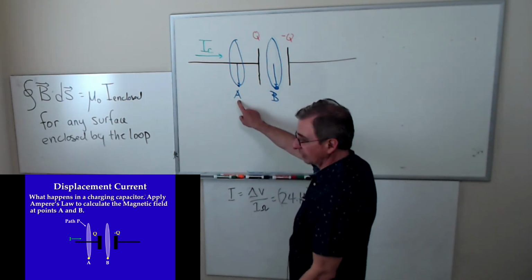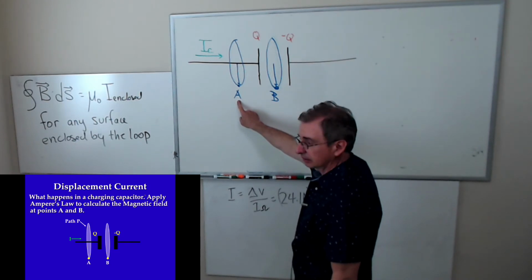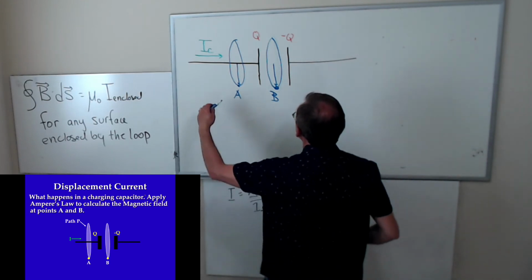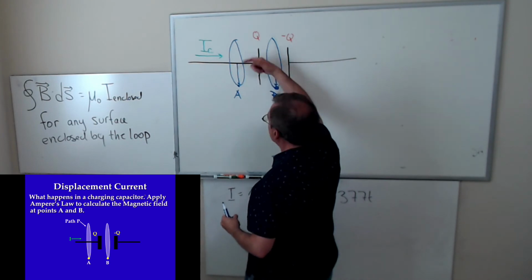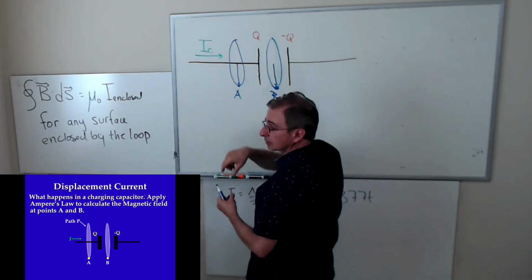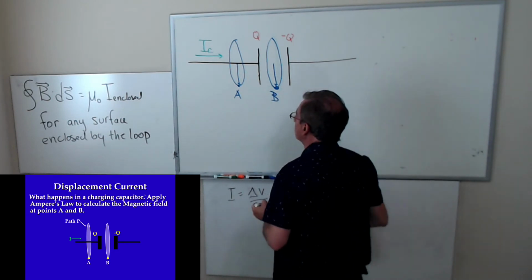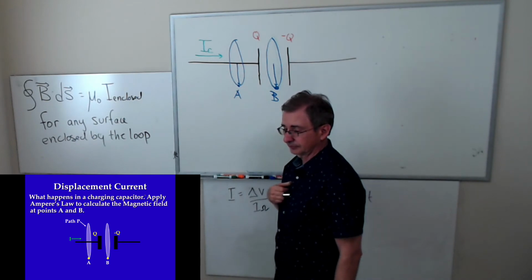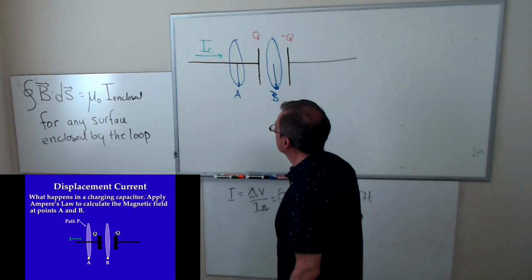And we've done this problem before. It's very easy to calculate the magnetic field at point A, right? I just use Ampere's law. I know that the magnetic field is going to circulate this way around the wire, and so I'm going to integrate in that same direction. The magnetic field is going to be the same anywhere around that loop, because if you rotate the loop, it's going to look the same no matter what.